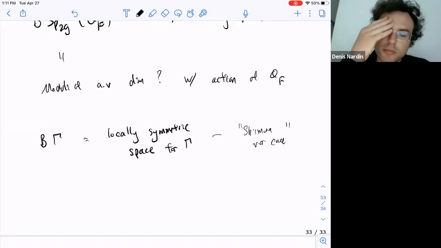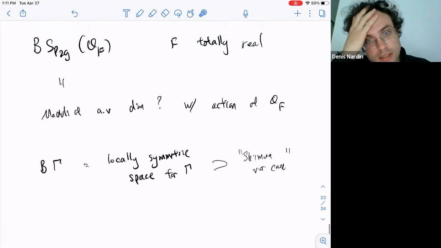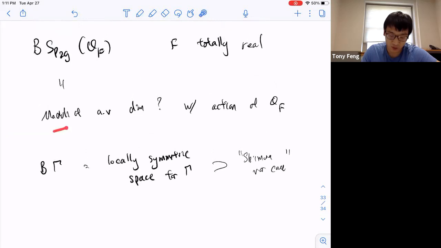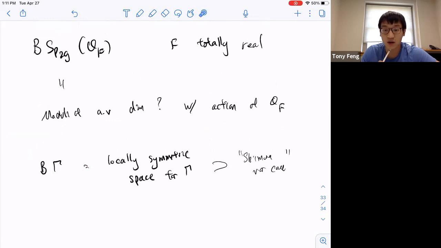So you're saying it's going to be some kind of stack in analytic spaces that does not come from an algebraic stack, the natural thing to define? I think there will be an algebraic stack, but it just won't be this type of thing. I guess it won't be a K(π,1) for an arithmetic group.